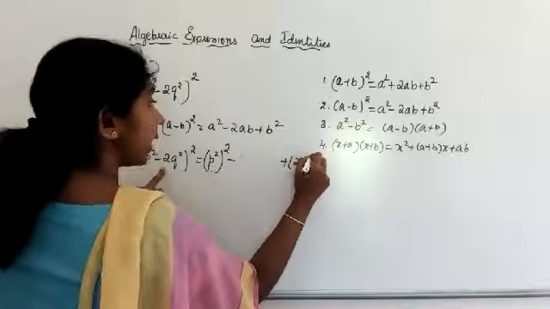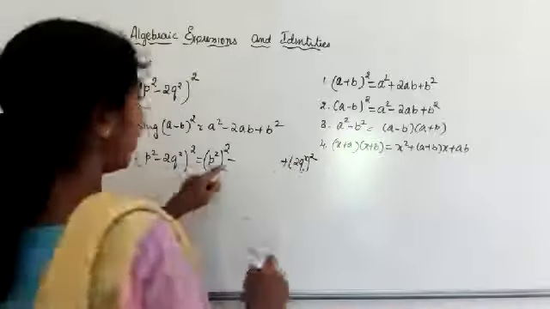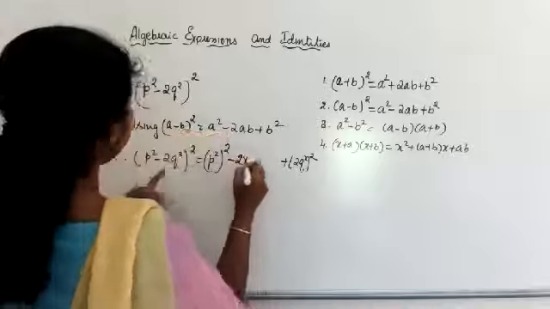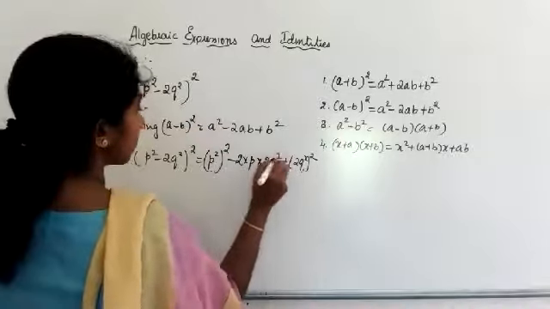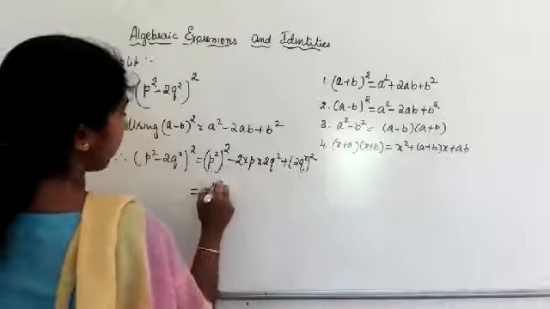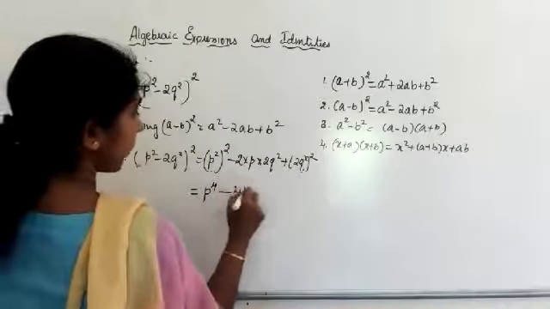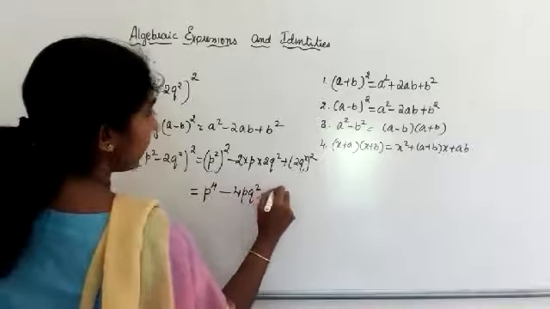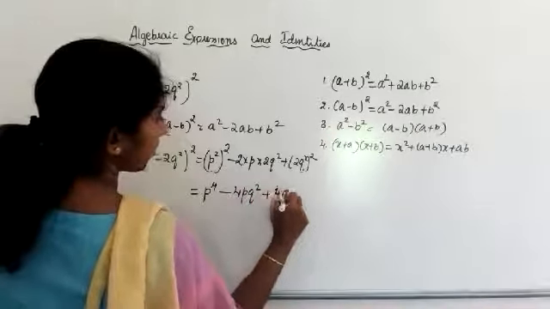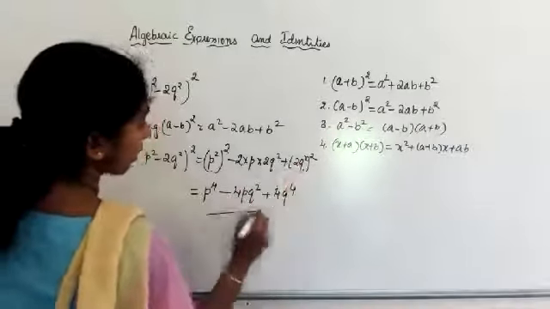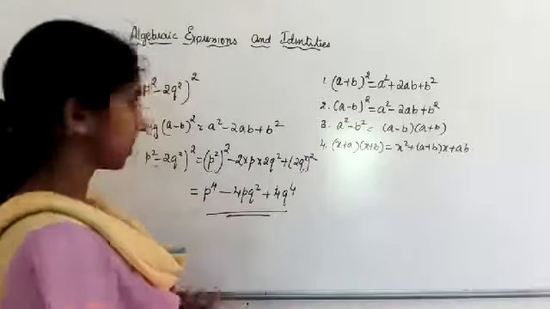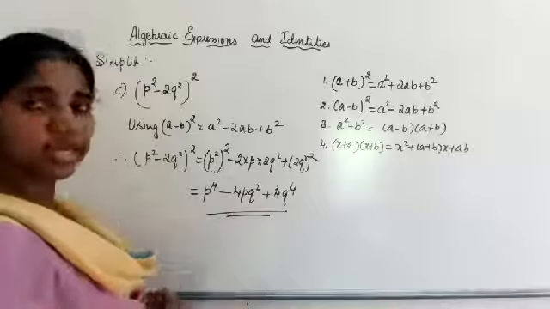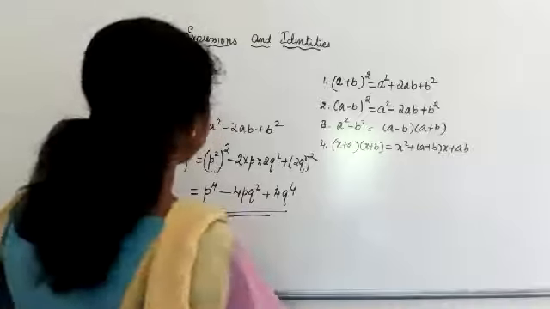That will be equal to p to the power 4 minus 4pq square plus 4q to the power 4, since q square to the power 2 is power 4. So this is another example of how to use the second identity.